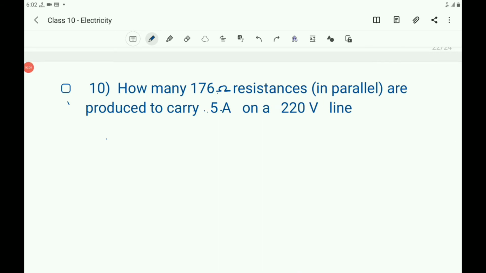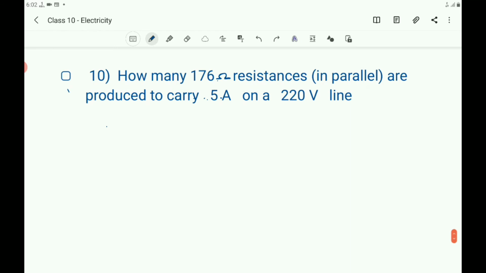Next question, the 10th question. How many 176 ohm resistors in parallel are required to carry 5 amps on a 220 volt line?